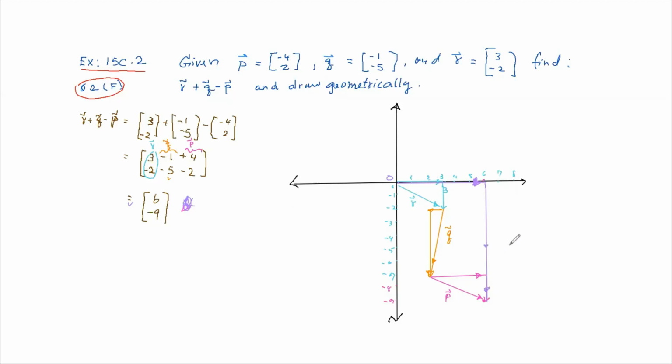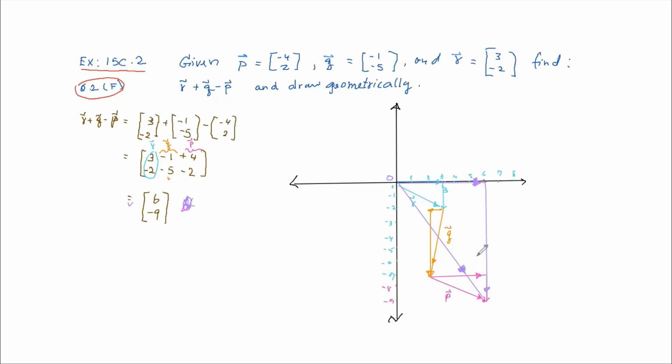Then from 0, you draw this one. This is the direction. Then do this one, from this, draw here. This is the final direction. Then you put the arrowhead down here. This is the final direction.